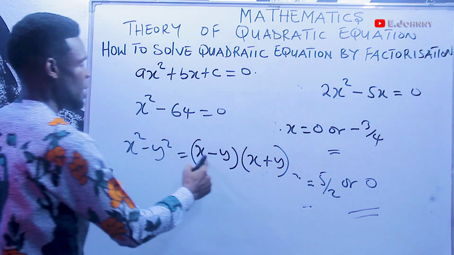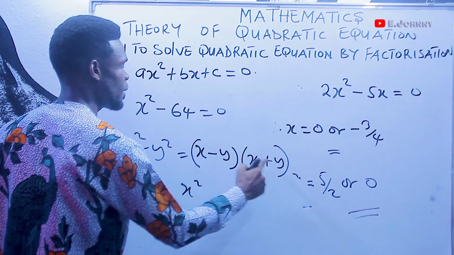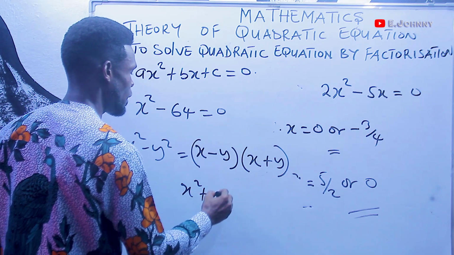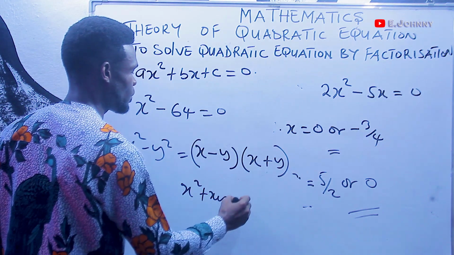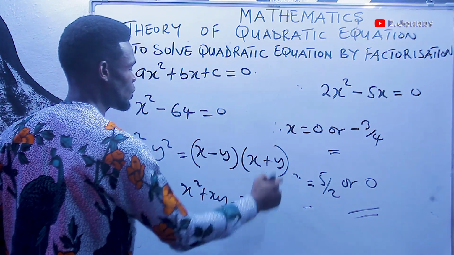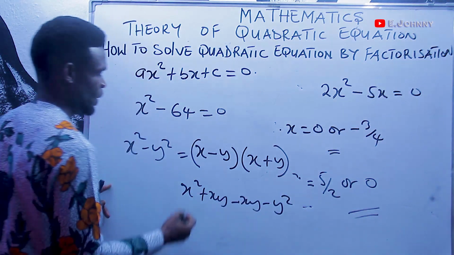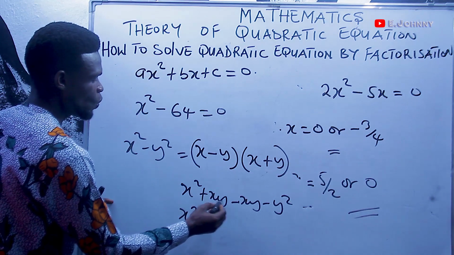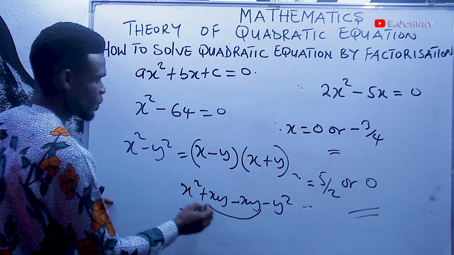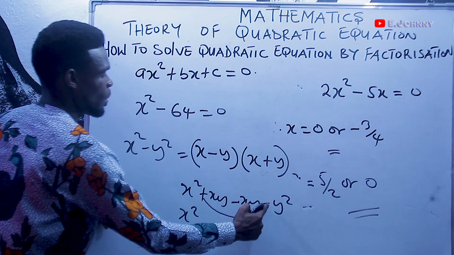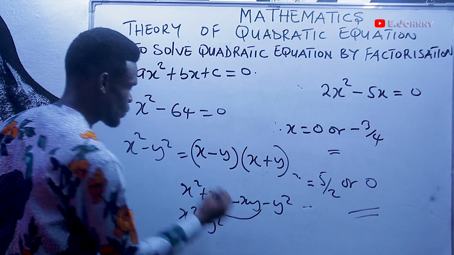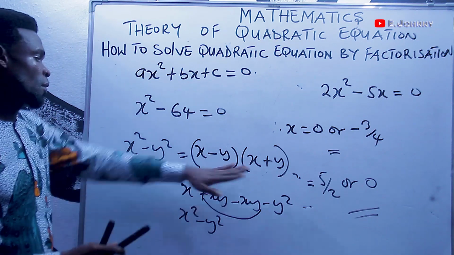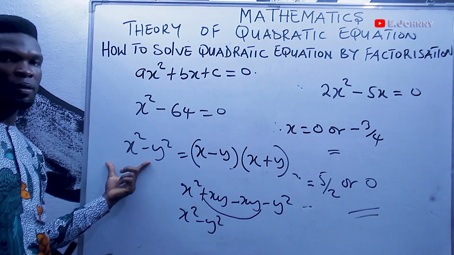For instance, x times x is x squared, x times y plus xy, minus y times x minus xy, minus y times y minus y squared. So this is x squared. Xy minus xy will give us, is gone, 0. Then minus y squared. So you see, expanding this takes you back to this.